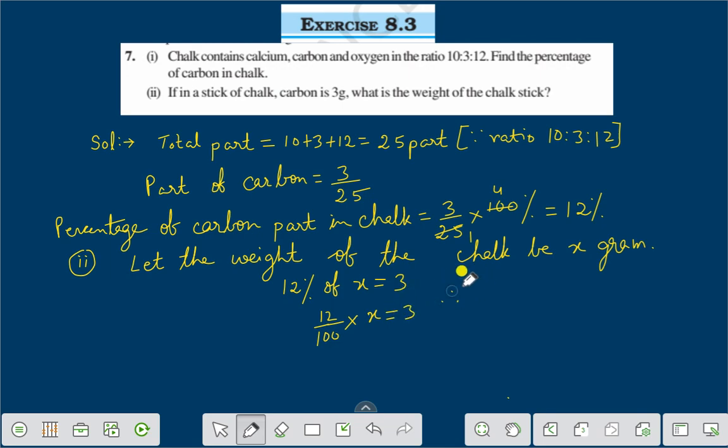Therefore 12x is equal to 3 into 100, that is 300. Or x can be written as 300 by 12.